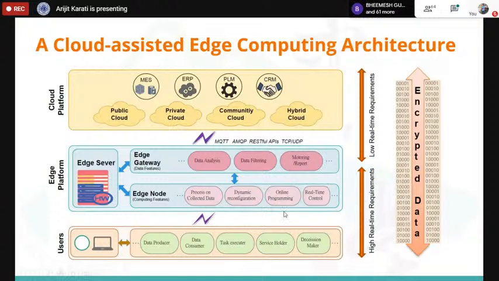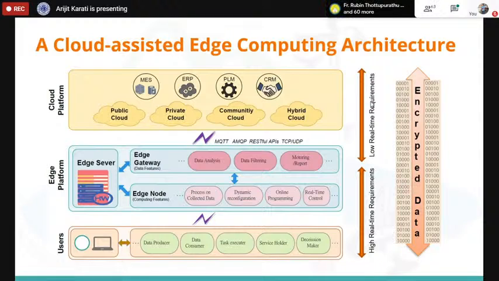So the communication from user to edge node has high real-time requirements, whereas the communication between the edge gateway and the cloud platform has low real-time requirements. It is not very frequent communication.